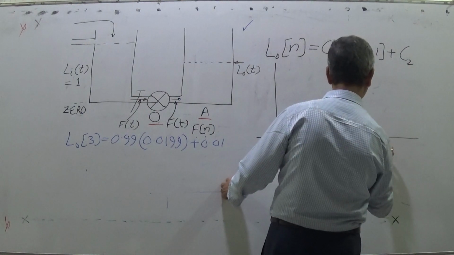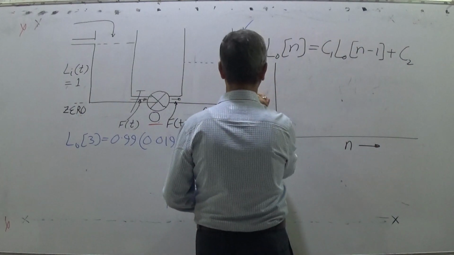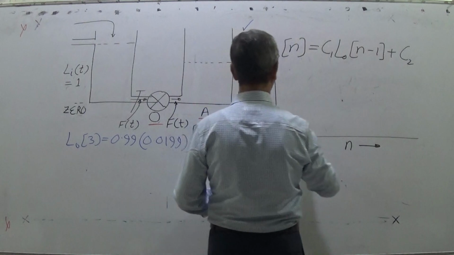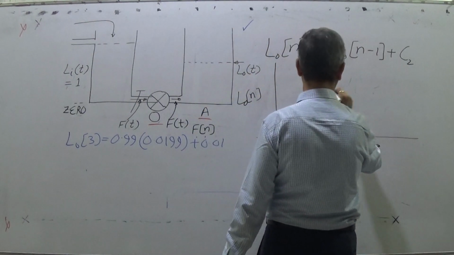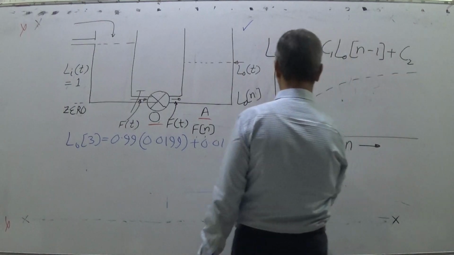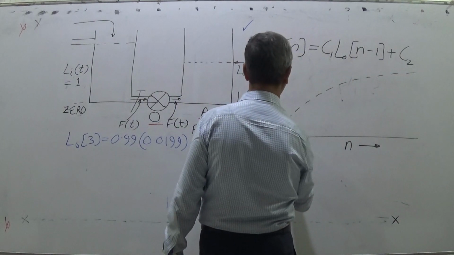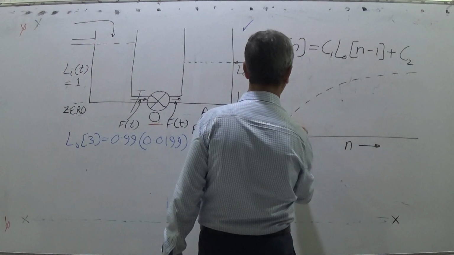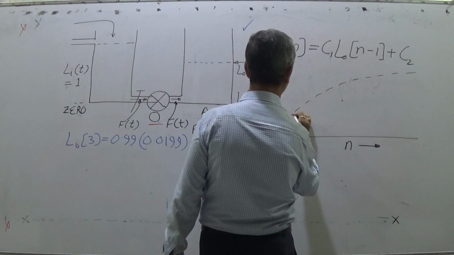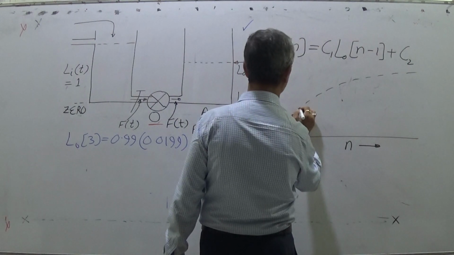N and L(n). And how do we plot it? We plot it asymptotically like this, a staircase with the step rise decreasing.